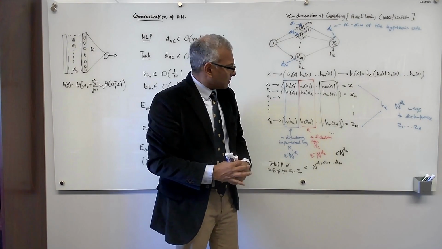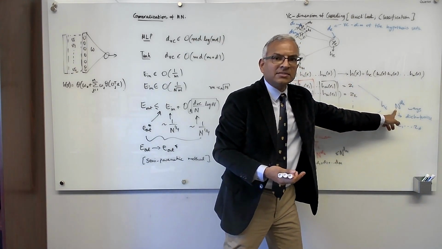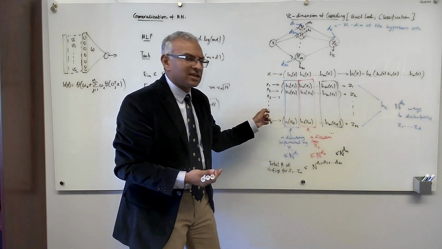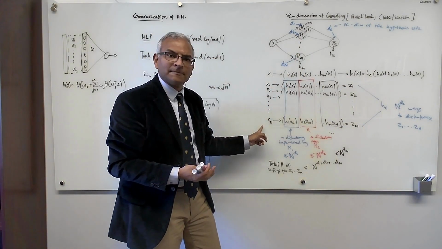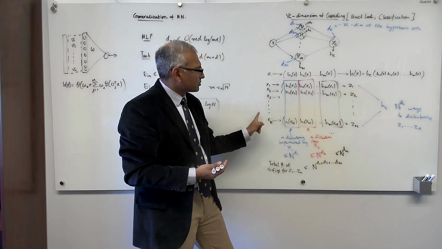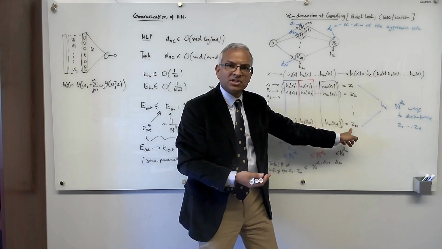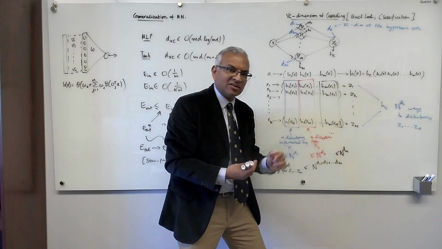So for each configuration of these points, I can dichotomize in this many ways, and each of those dichotomies is a dichotomy on these x1 to xn. So that means that the total number of dichotomies I can implement on x1 to xn is the number of ways I can dichotomize a particular configuration times the number of possible configurations.